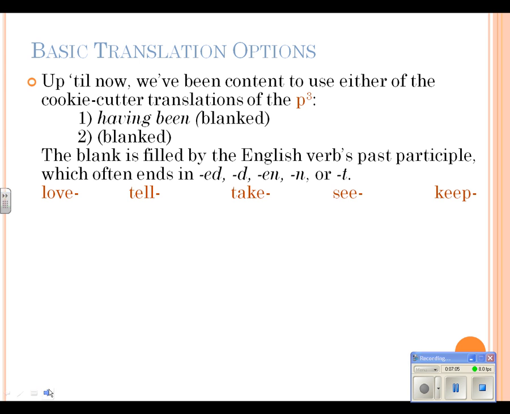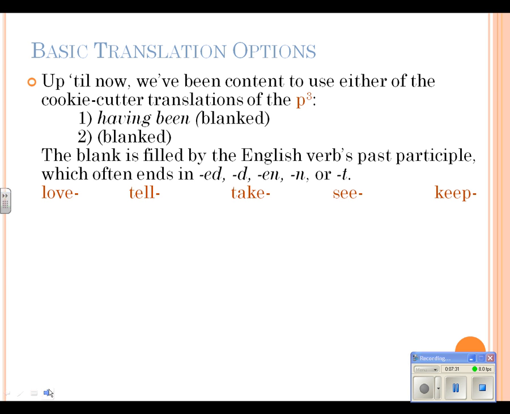So this is relying on your knowledge of English, which, even though we have an excellent English program here, even for the best of us, is a challenging thing. Past participles often, though not always, end in ed, d, en, n, or t.